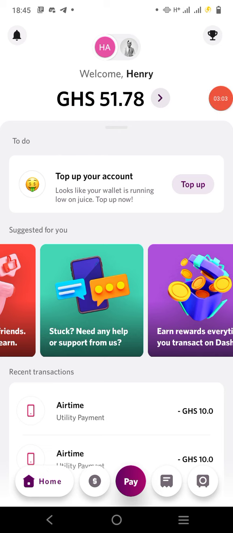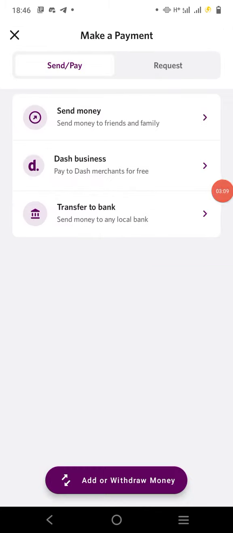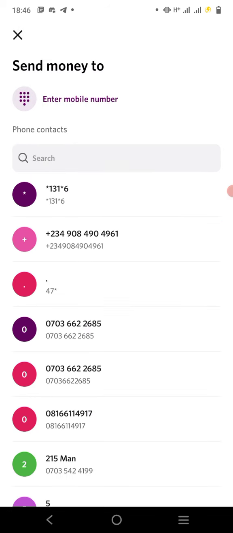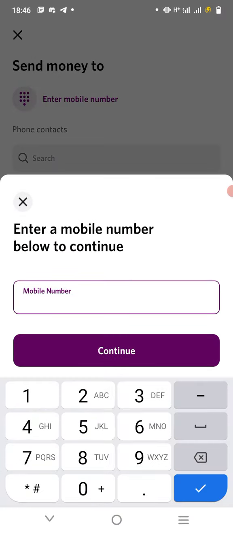Once the money appears here, you can simply click on pay, which is at the bottom here. You click on pay, and then you click on send money. So you type in the Ghanaian number that you want to send the money to. If you have the person's phone number, let me just type in a random number.